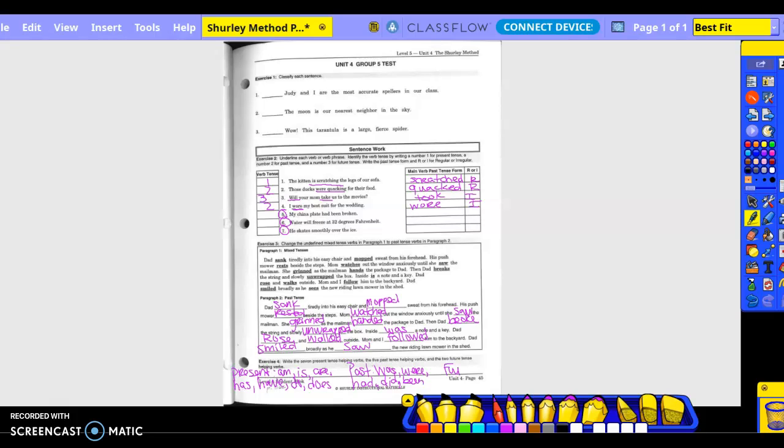And future. What are the 2 future? Will and be. Will and. You don't hear the other one as often. Okay. So for homework, you guys are doing 5, 6, and 7.